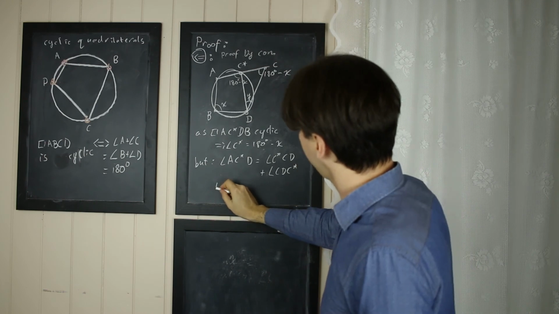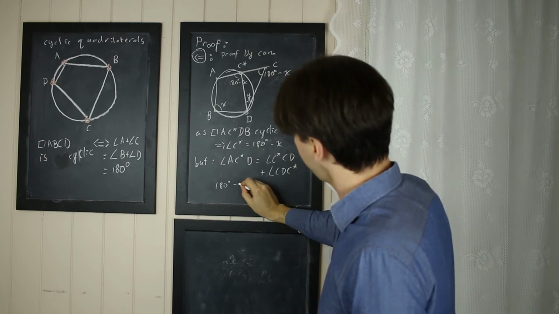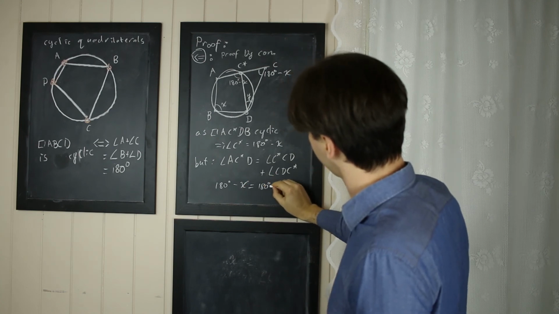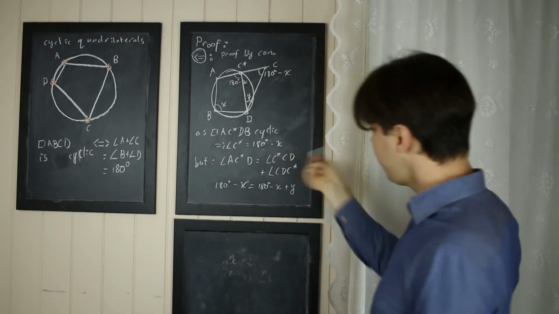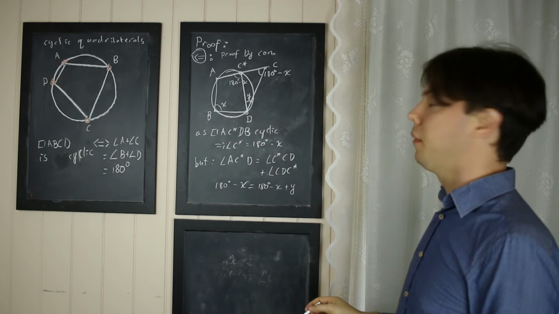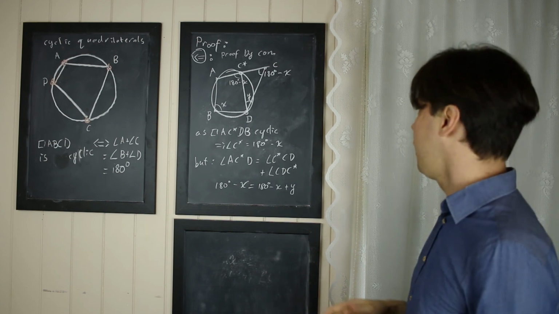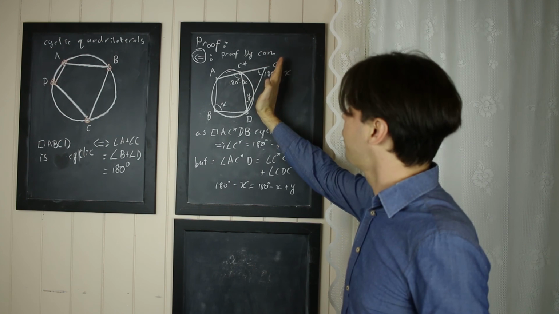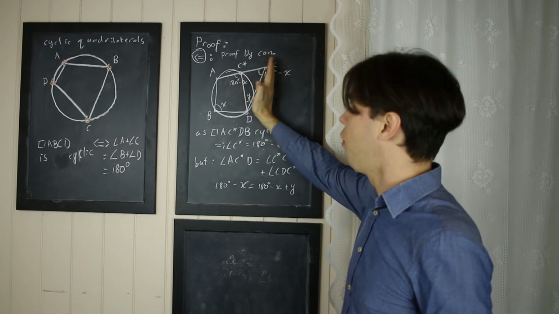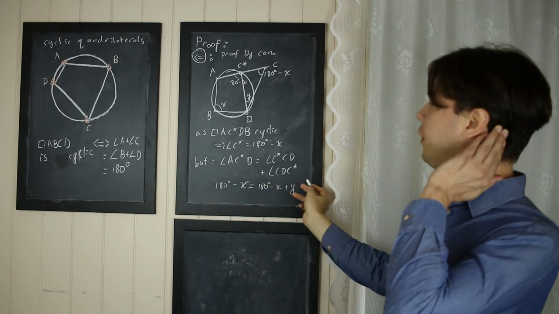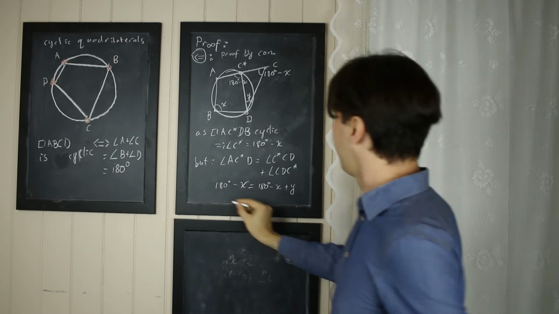In other words, we have 180 minus x equals the same thing, 180 minus x plus y. But this is a contradiction, right? We could say that y is 0, and that corresponds with bringing this, you know, away from being a triangle, just down to a line. Or we could simply say this yields a contradiction.